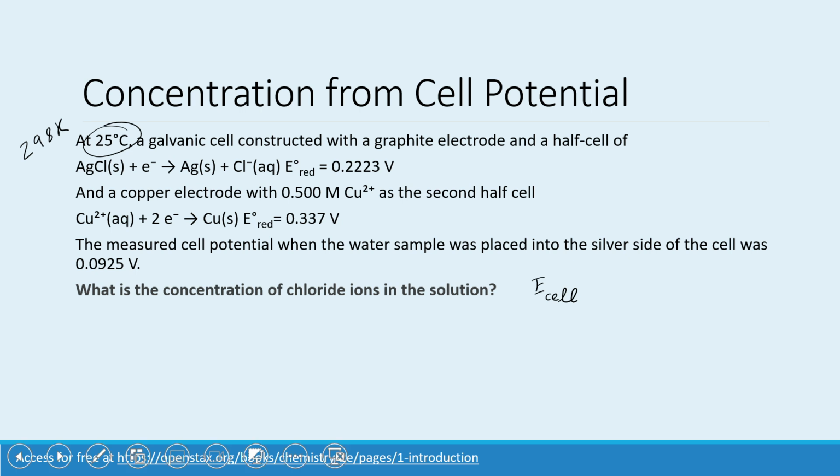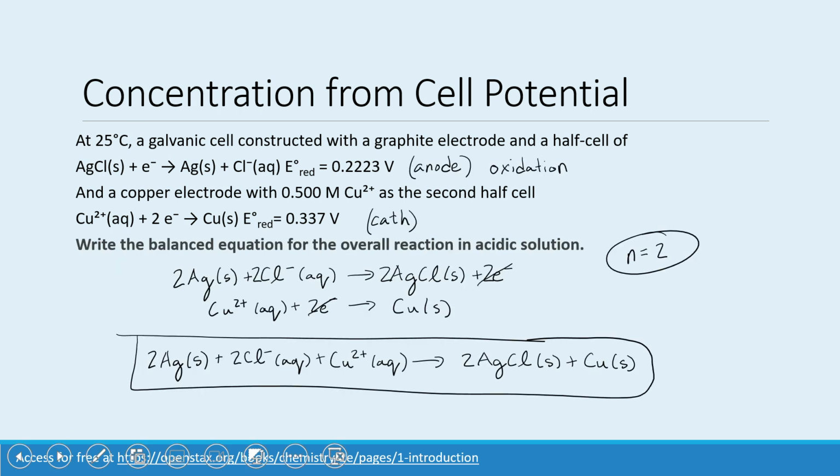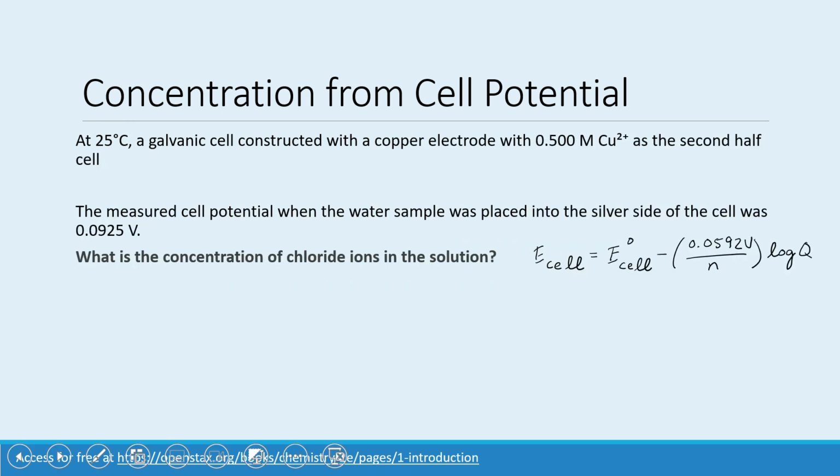So the reason why I changed from the first way that this is written is because I want to write in, instead of using those two half reactions, I'm going to write out that balanced chemical equation or balanced redox reaction that we figured out.